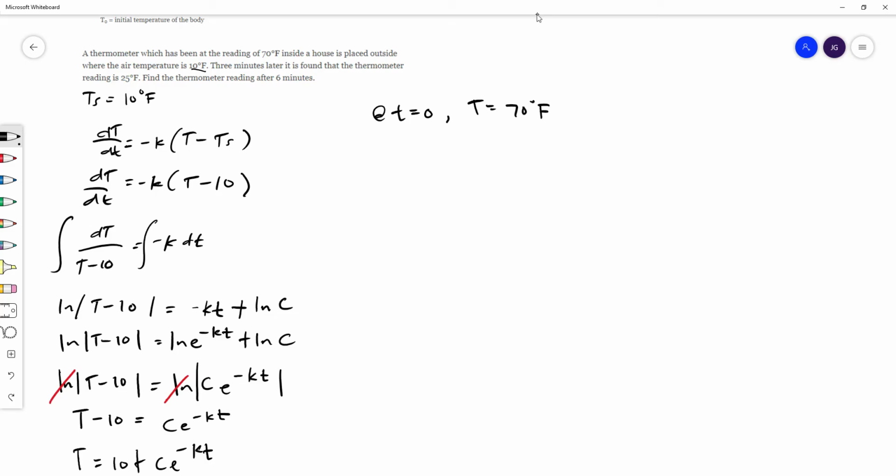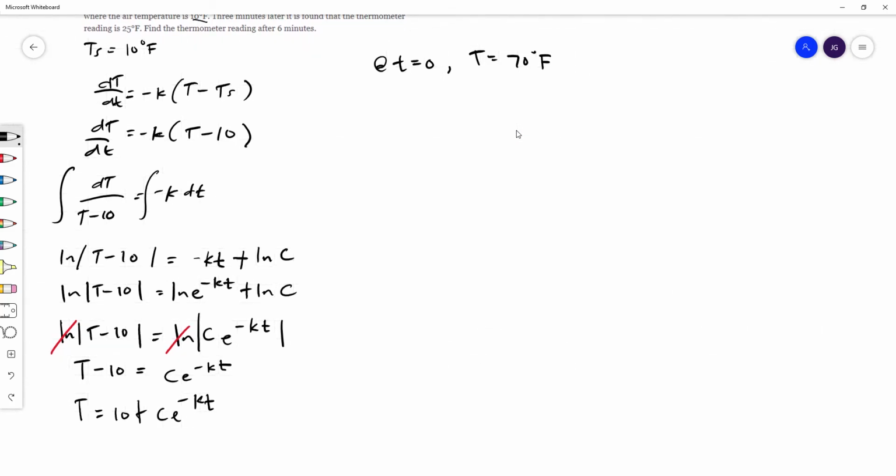Okay, and from our equation here, you can say that we have 70 equal to 10 plus the constant c and e raised to negative k times the time 0.